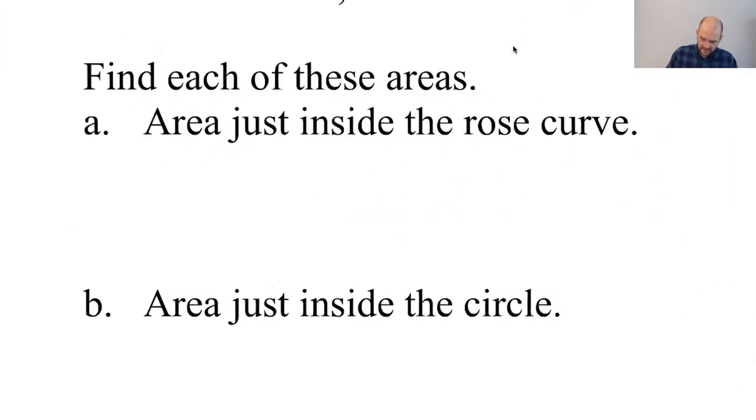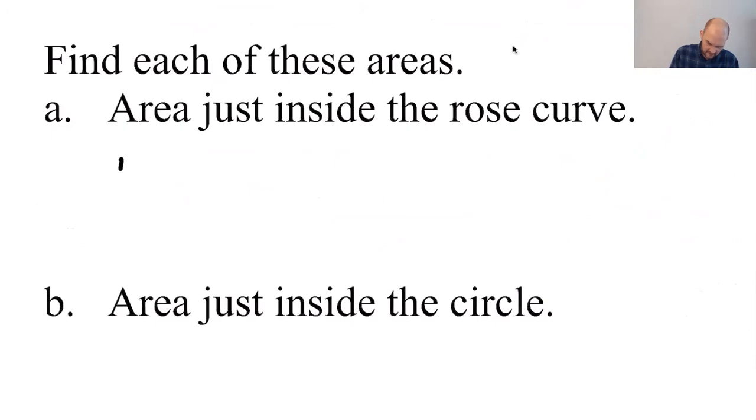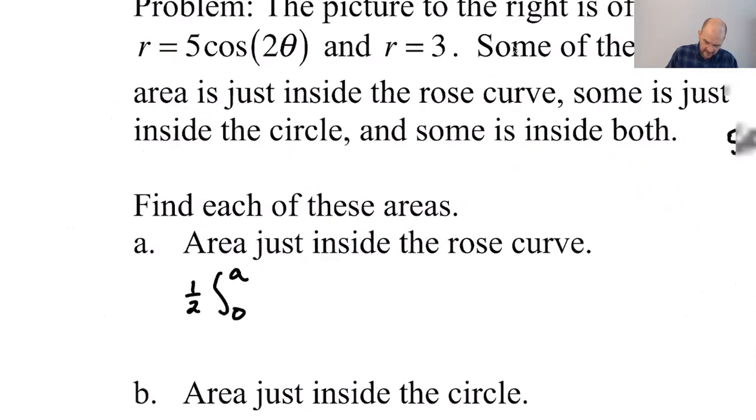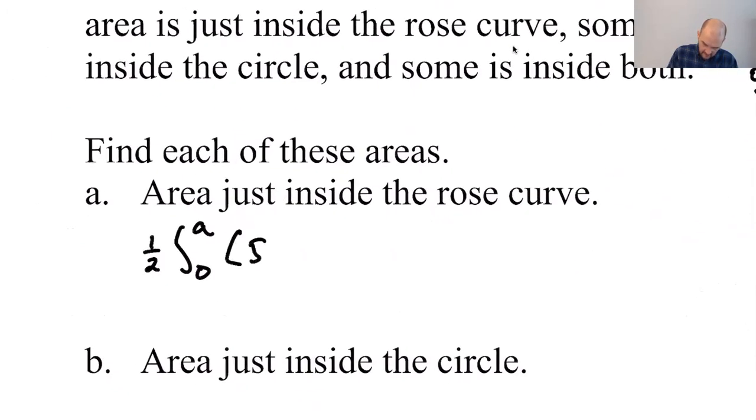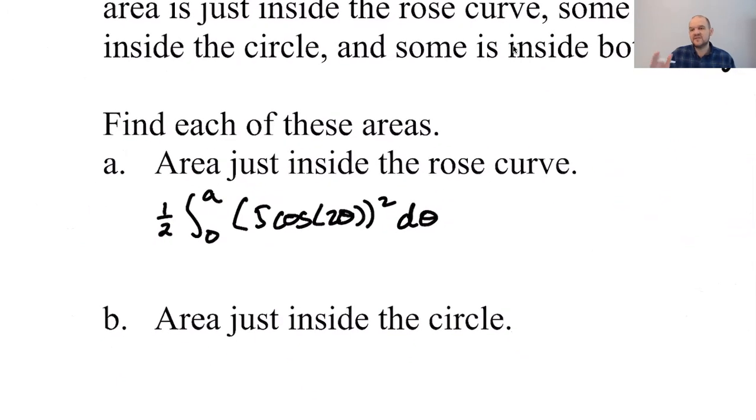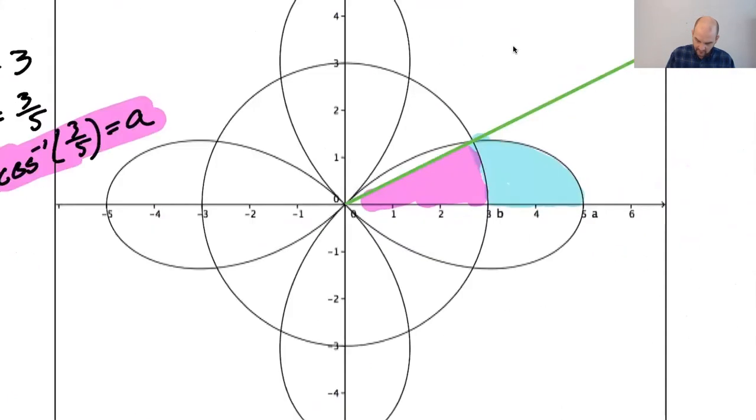So I want to do just the rose curve. So I'm going to do 1/2 the integral from 0 to A of the rose curve, which is 5 cosine of 2 theta, squared, d theta. Okay, so that's the full rose curve.